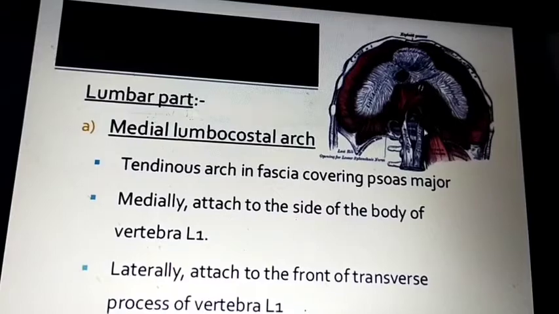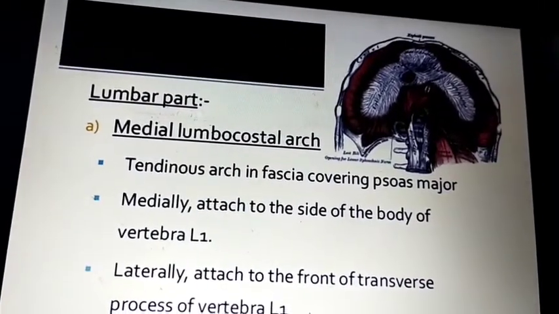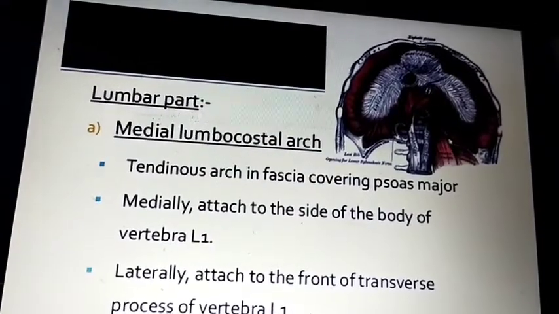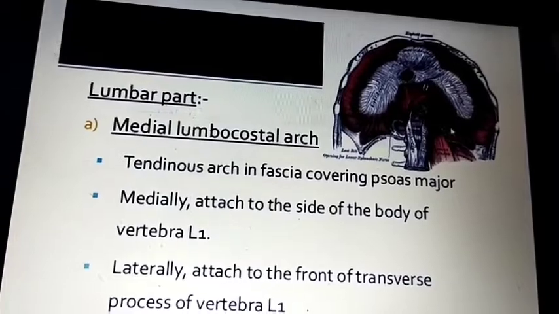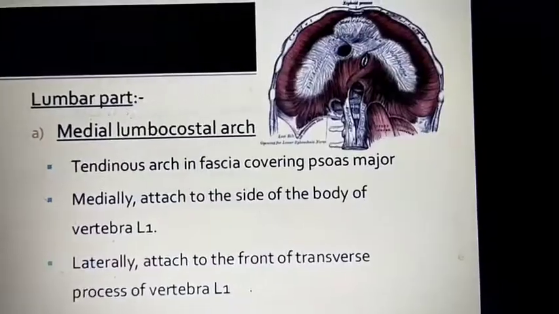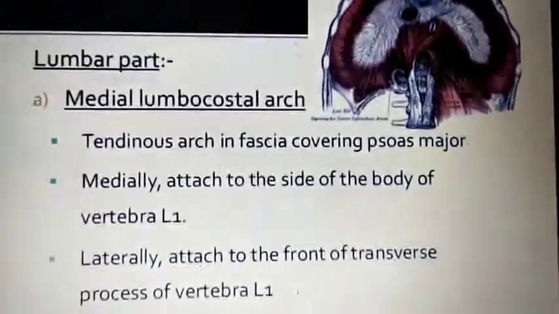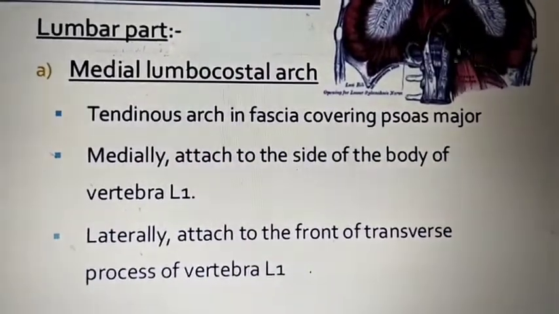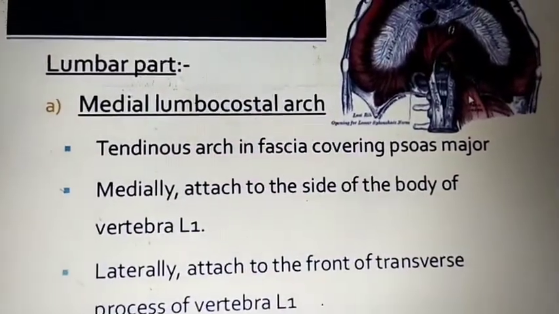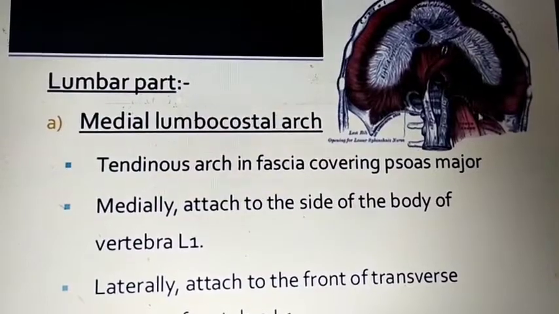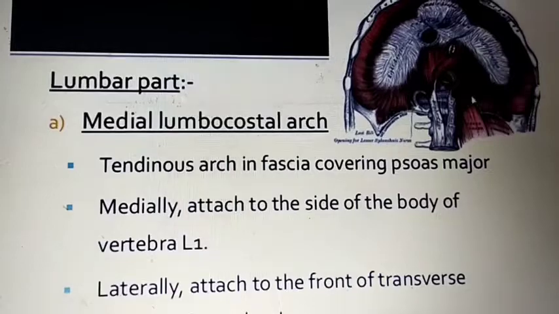It is present between the costal and lumbar parts, that's why it is a lumbocostal arch, and because it is medial it is the medial lumbocostal arch. It is a tendinous arch formed over the psoas major muscle.